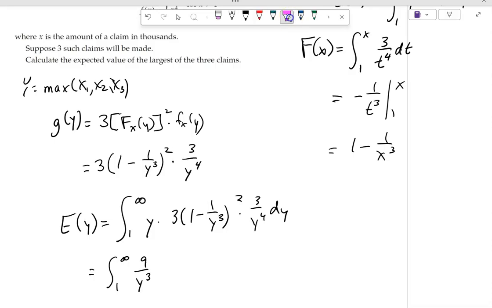If I take this times that whole thing here, I'll get a 9 over y cubed. We square out the other part. We should get a 1 minus 2 over y cubed plus a 1 over y to the 6th.